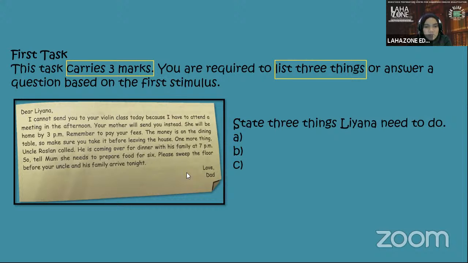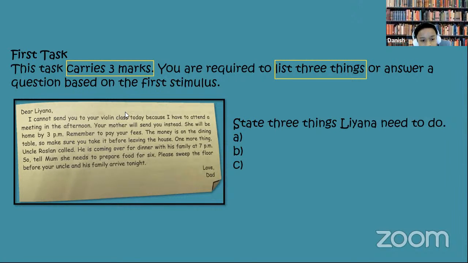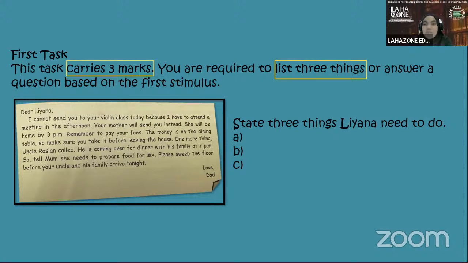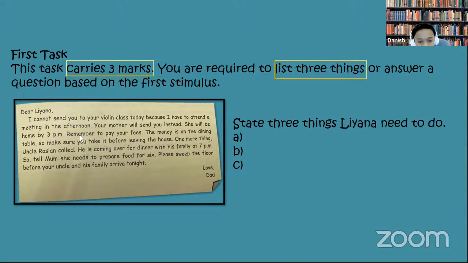Can I ask Danish to read this? Can you read this one, Danish? Dear Liana, I cannot send you to your violin class today because I have to attend a meeting in the afternoon. Your mother will send you instead. She will be home by 3 p.m. Remember to pay your fees.